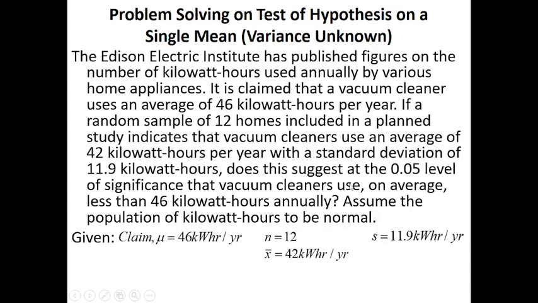So does this suggest, at the 0.05 level of significance, so alpha is equal to 0.05, that vacuum cleaners use an average less than 46 kilowatt hours annually? From here, we have less than 46 kilowatt hours annually.